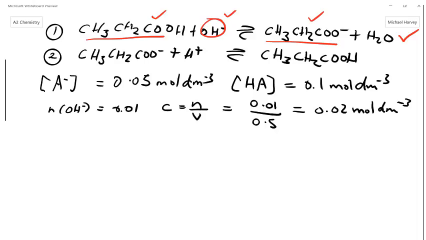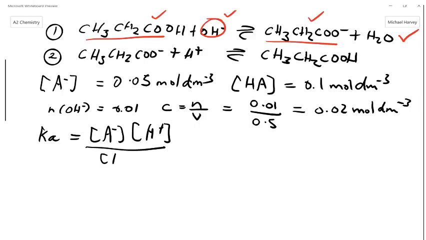We know from our notes that Ka is given as the concentration of A minus times the concentration of H plus divided by the concentration of HA. And we're told for this particular example that the Ka is 1.26 times 10 to the negative 5 moles per decimeter cubed.